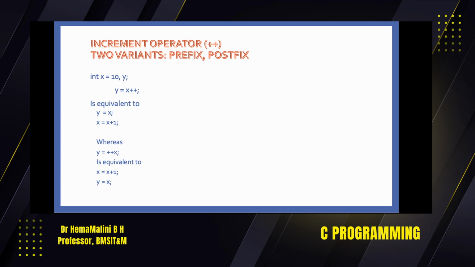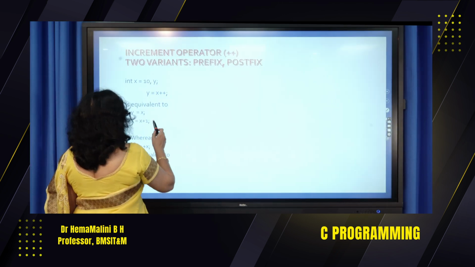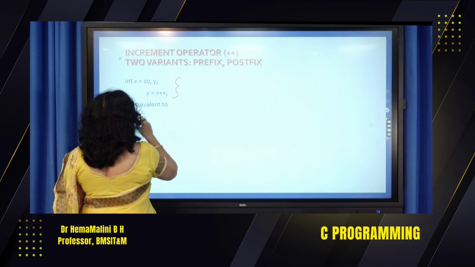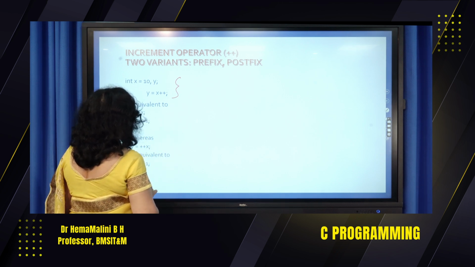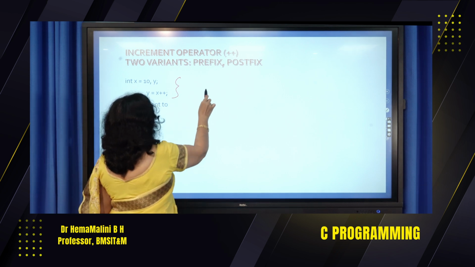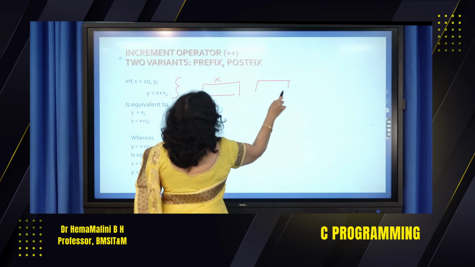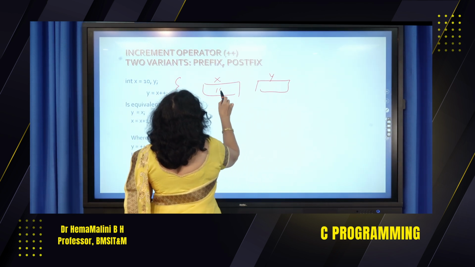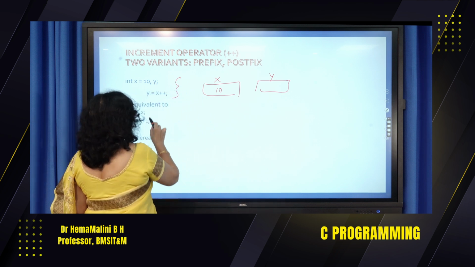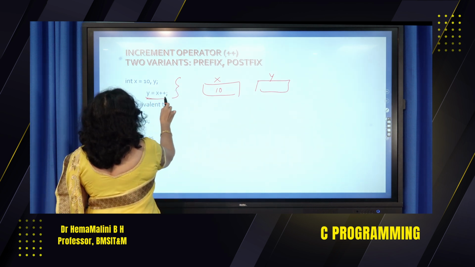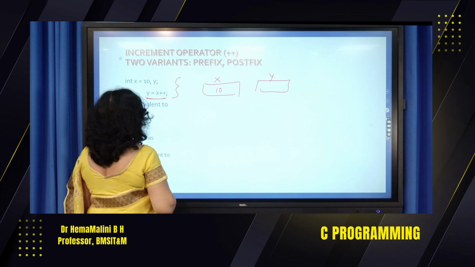Then we have increment operator. Here we have two variants, either it is prefix or postfix. Let's consider one example, integer x equal to 10. So we have a location, say x, and we have a location y. X is 10. I am going to use post increment here.